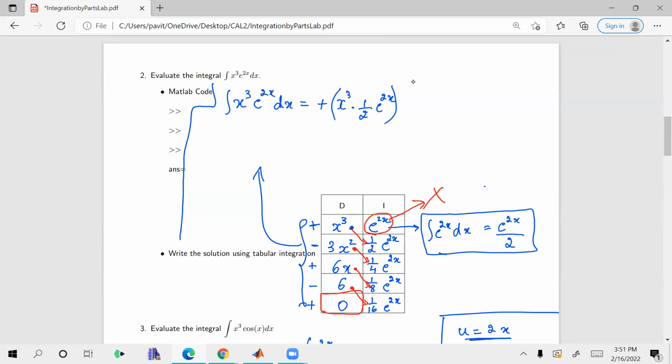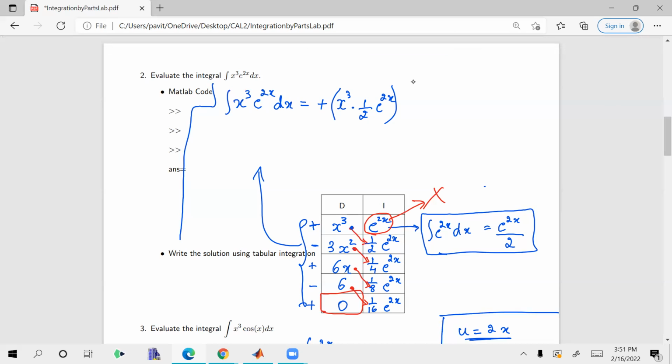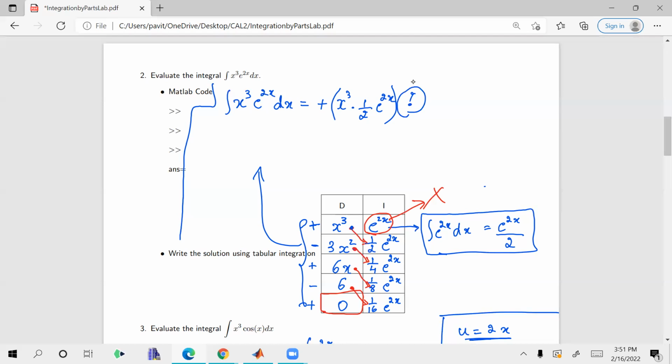And then I multiply this with half. So what is the next step? Next step is I'm going to multiply 3x squared with 1 by 4. But what sign should I put here? Is it positive or negative? Good, it's negative.